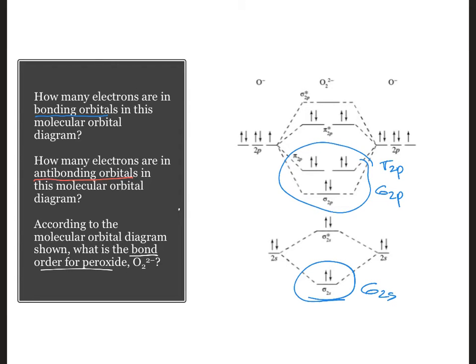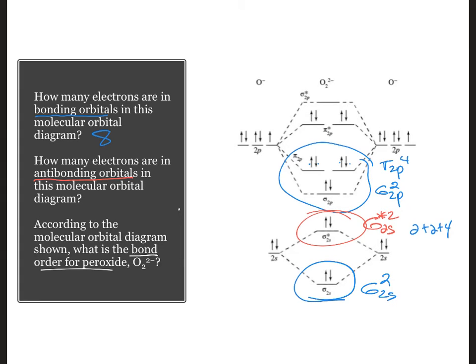Now we have to count up the electrons, and we see that our sigma 2s has 2, our sigma 2p has 2, and our pi 2p has 1, 2, 3, 4. So 2 plus 2 plus 4 gives us 8 electrons in our bonding orbitals. If we do the same thing for the anti-bonding orbitals, we see that we've got sigma star 2s, and we've got 2 electrons in there.